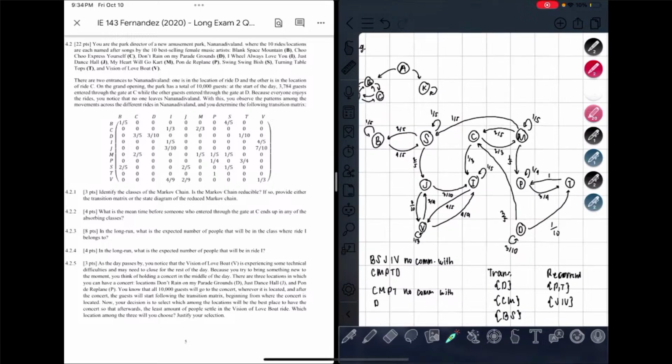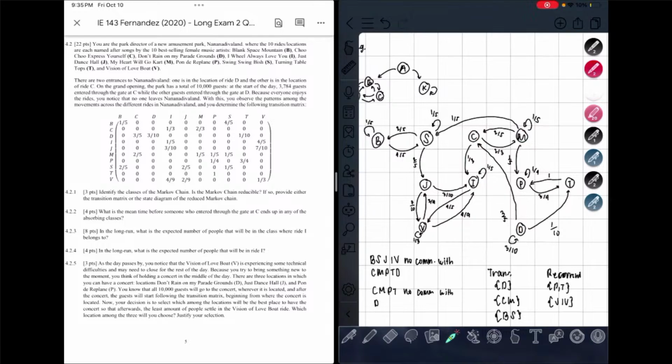You'll also eventually observe that class CM is also transient, because yes, there's a way to get to them from D. But if you, for example, go from D to C and you go to, let's say, I, inside of I, there's no way to go back to C. Same thing with M because they're in the same class. They're the only ones communicating with each other two-way.